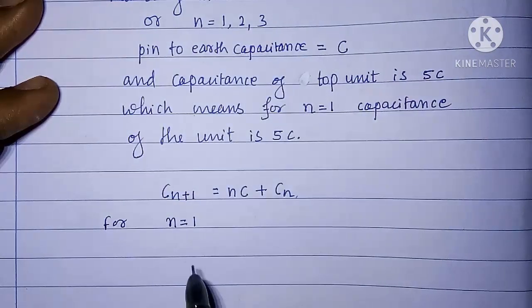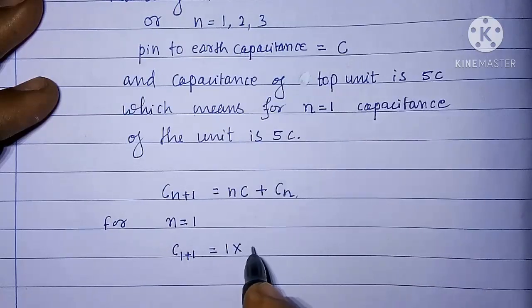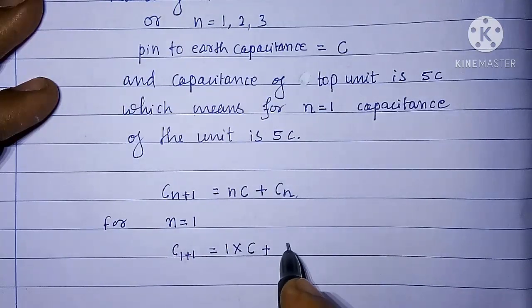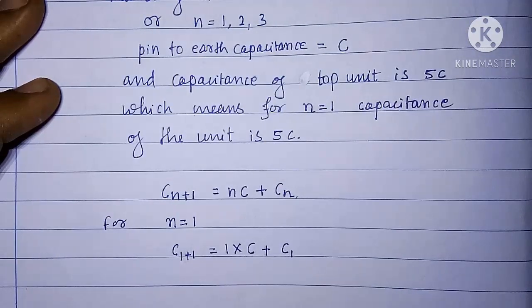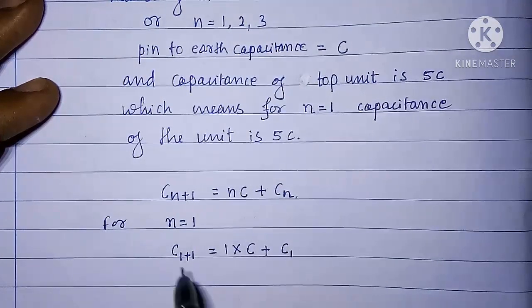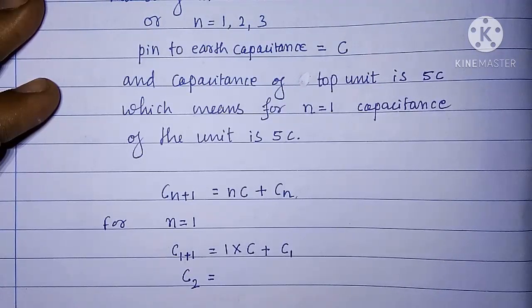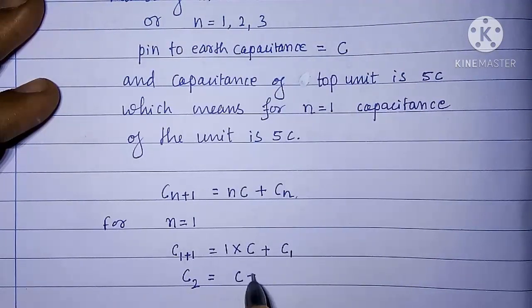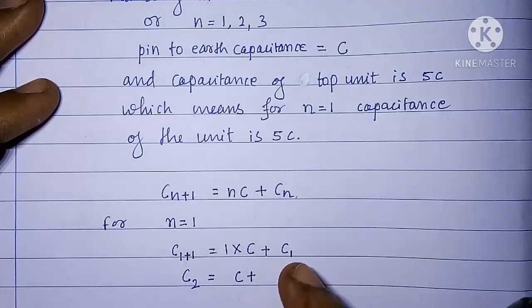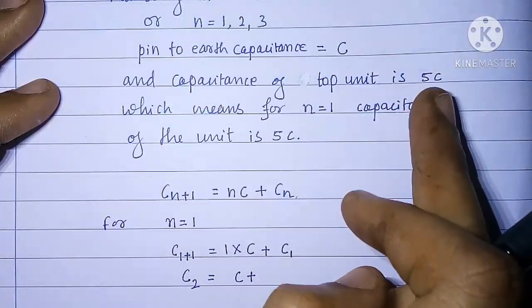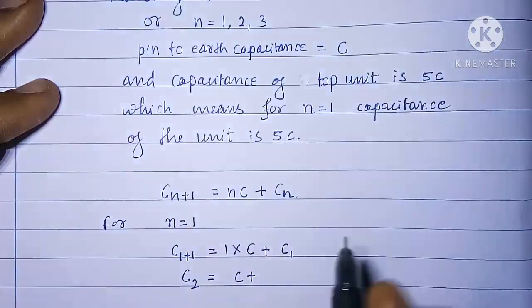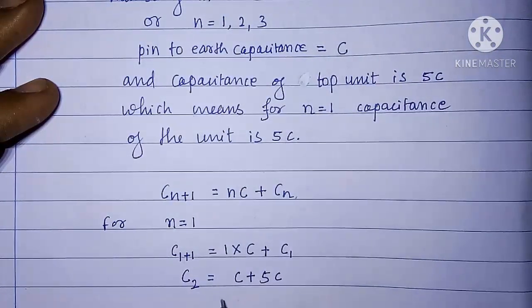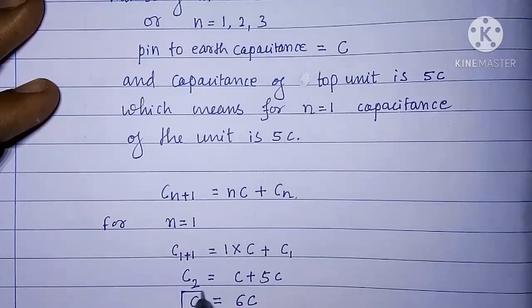For n equal to 1, C1 plus 1 equal to 1 into C plus C1. That is C2 equal to C plus C1, but C1 is given as 5C. So we get here C2 equal to 6C.